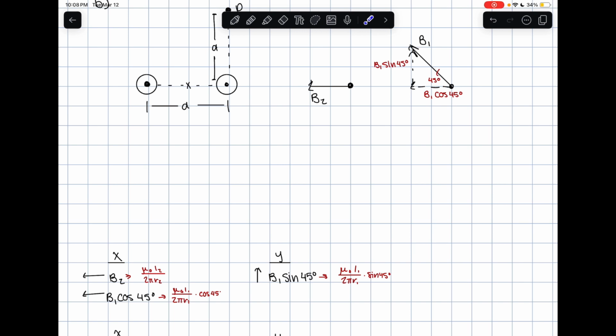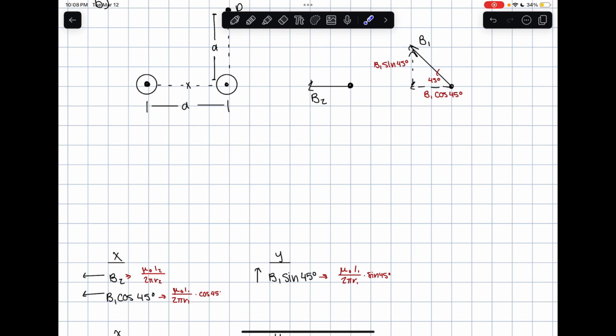So we can say our only vertical component pointing upwards is B1 sine 45 degrees, and we can replace B1 with the equation mu naught I over 2 pi r, and then substitute in the specific current and radius for B1, which is I1 and R1, and then multiply that by sine of 45 degrees.